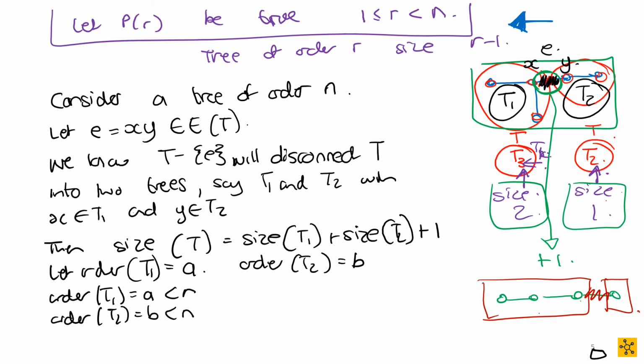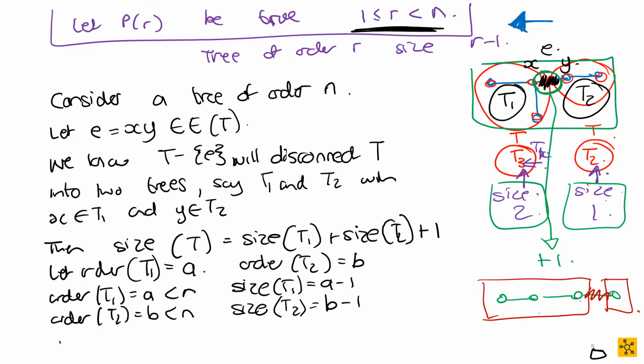But because they are both less than N, they fit into our hypothesis where we have R is less than N but greater than or equal to 1, which means we can say the size of T1 is equal to A minus 1 and the size of T2 is equal to B minus 1.